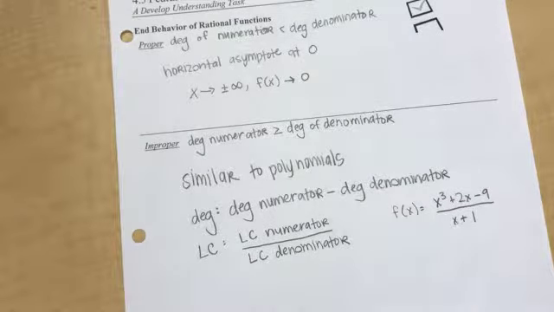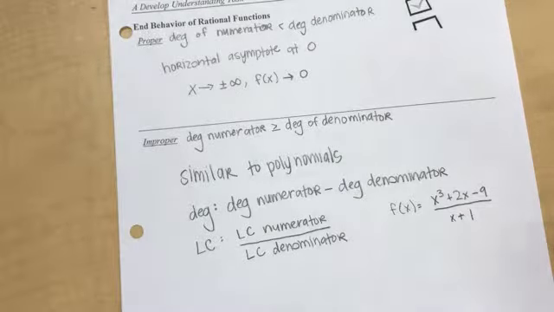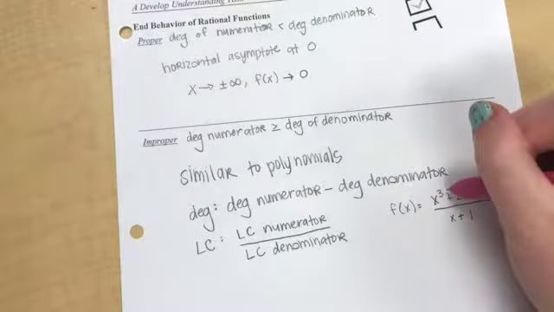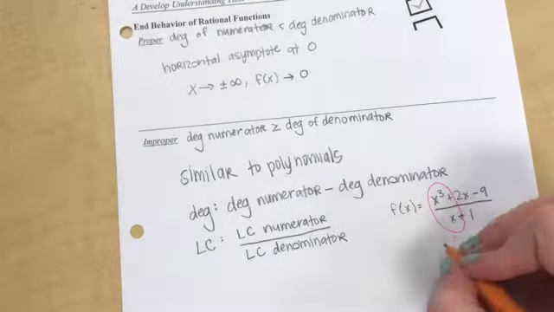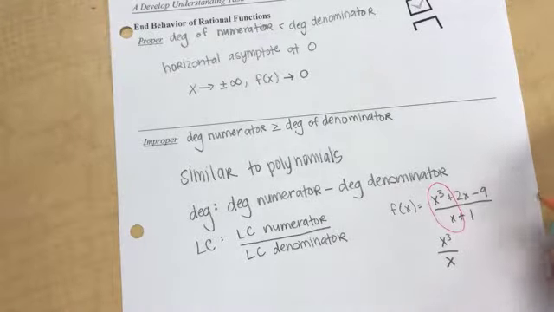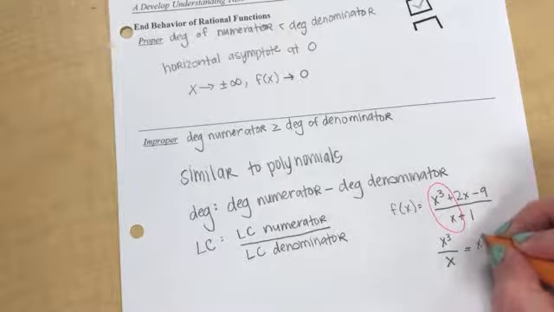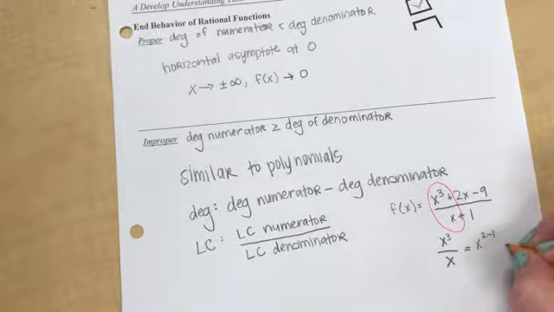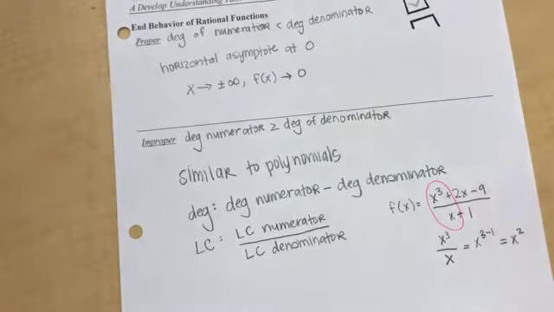When I'm doing polynomials, the only thing I care about is the piece with the biggest exponent. So we're going to look at the biggest exponent on top and bottom. If I was to ignore everything else, we would have x cubed over x, which I'm going to subtract the exponents, so it'll be x to the 3 minus 1, which is just x squared.